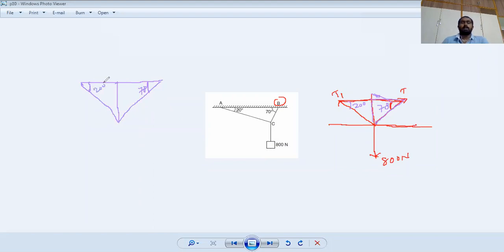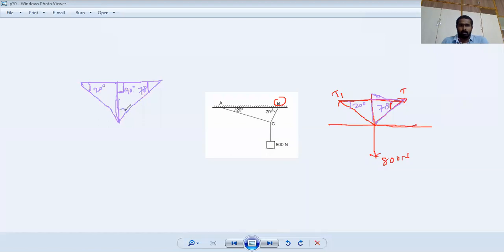For a right angle triangle, if one angle is 90 degrees, the sum of the remaining two angles is 90 degrees. This is 90 degrees.